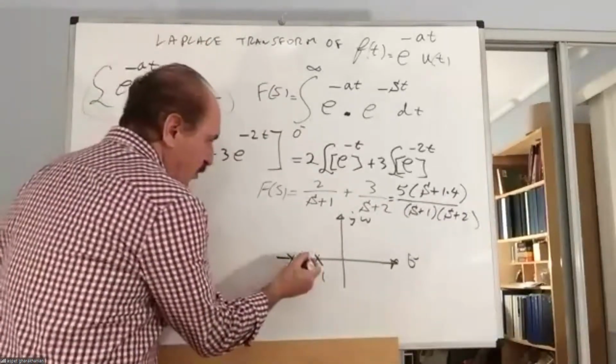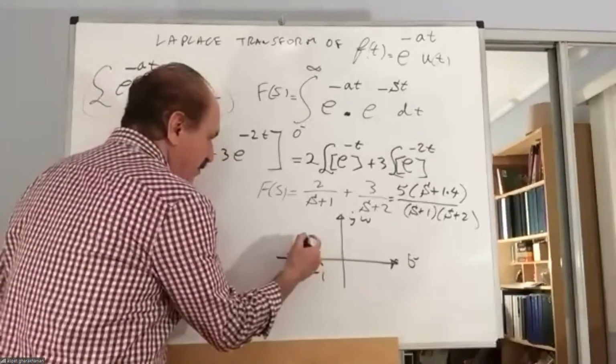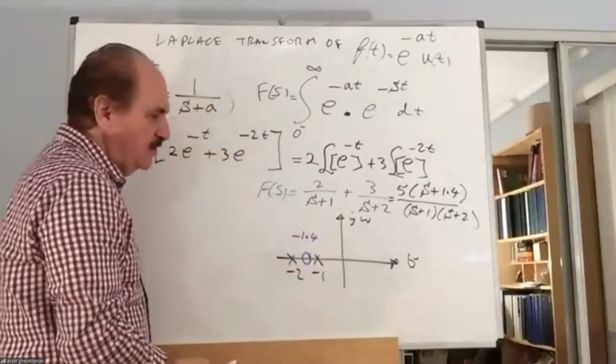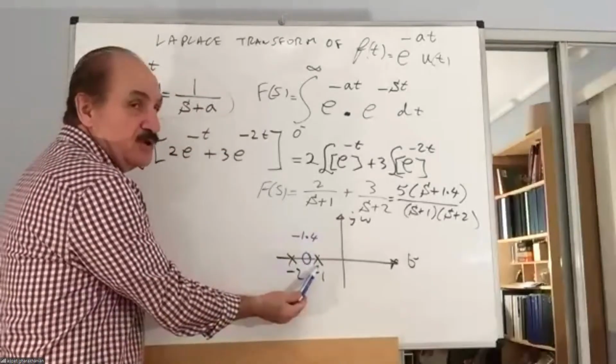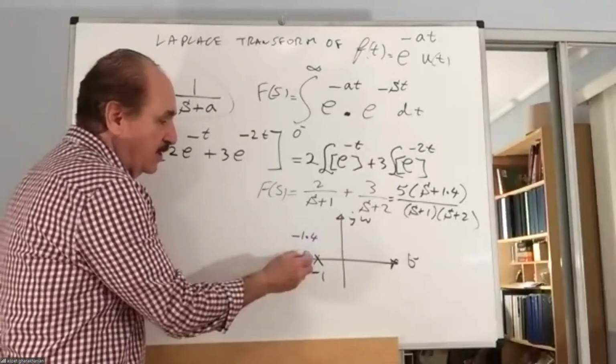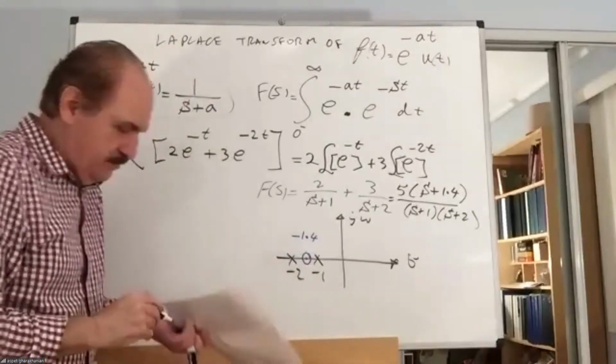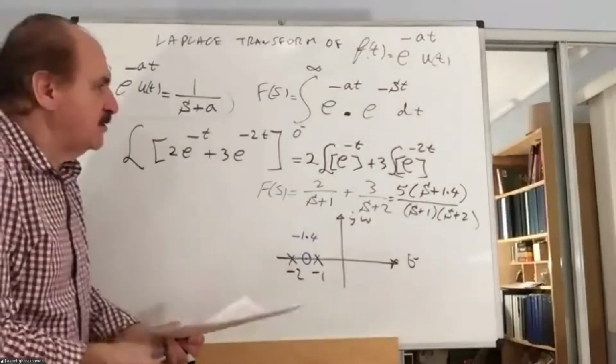So this is where the zero is. How do I separate one from the other? Poles are always marked with X. Zeros are marked with an empty circle. That's it. This is the pole-zero diagram.